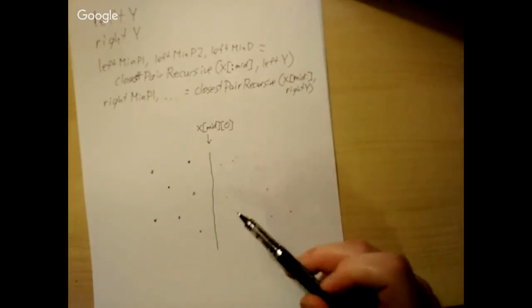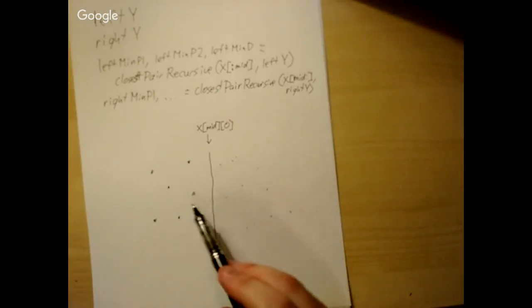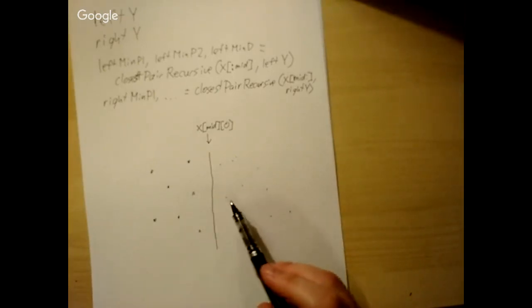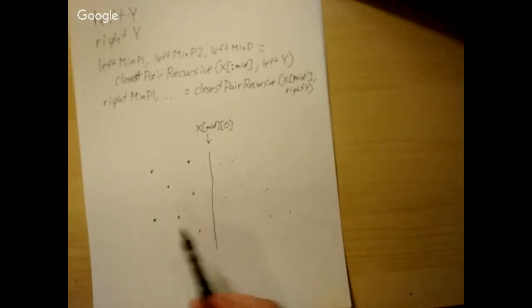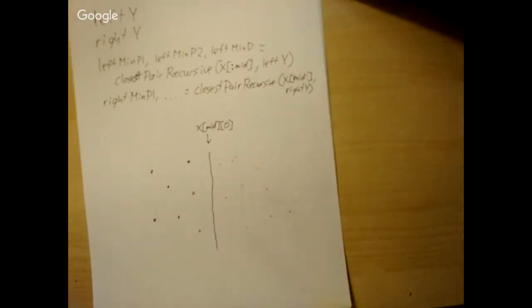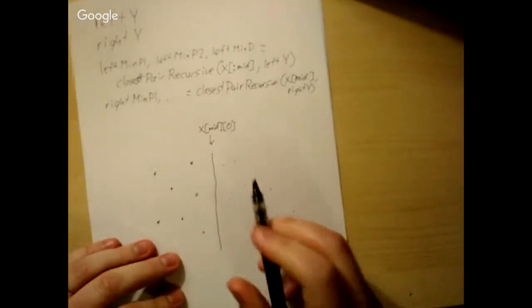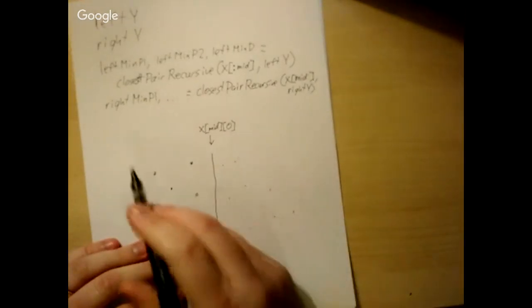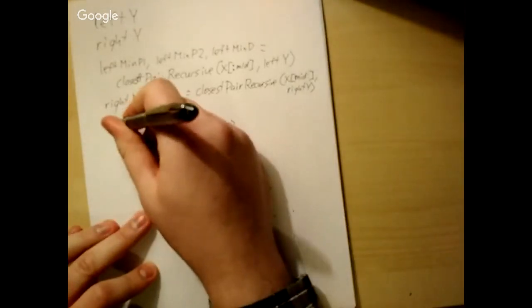And the key to making divide and conquer work for this algorithm is figuring out how to check the least number of points that cross this barrier, so that you will find any that are the closest, but you don't have to check all the points on the left with all the points on the right, because that wouldn't be much faster than just doing an exhaustive search brute force like you did in part A. So the key observation here, I'm going to list out a few things before we get into the actual algorithm.